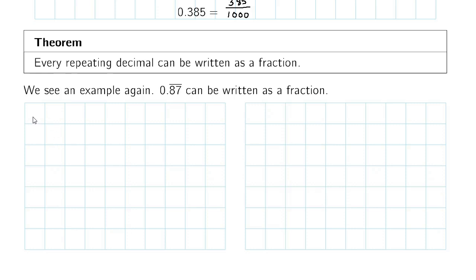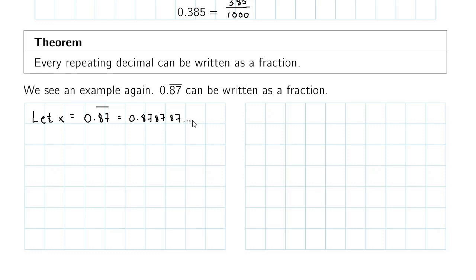So what I'm going to say is, I'm going to create a variable, and I'm going to say, let x represent the number we're interested in, right? 0.87 repeating, which means 0.87, 87, 87, etc. Okay, what can I do with that?